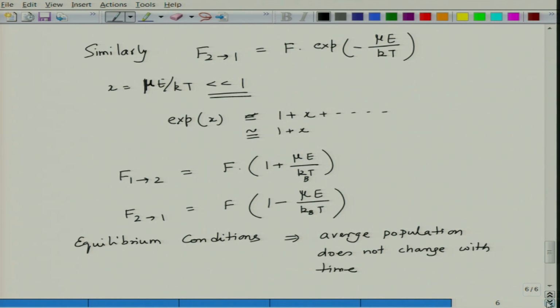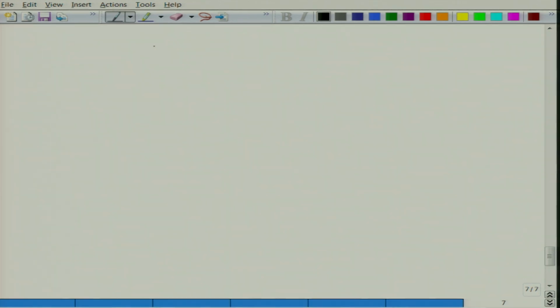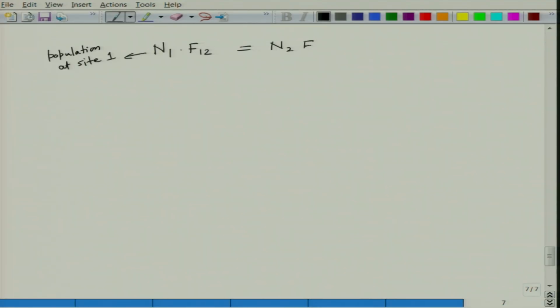What it will mean is that the outflow from 1, that is N1 into F12, where N1 is the population at site 1, and F12 is the probability of jump from 1 to 2, will be the number of dipoles or number of atoms or number of species leaving site 1. This will be equal to N2 into F21, where N2 is the population at site 2, whereas F12 and F21 are the probabilities.